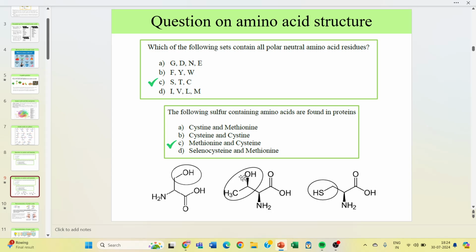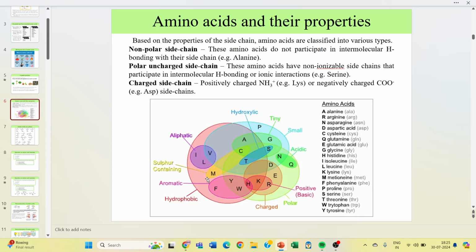So all of these have this hydroxyl or sulfhydryl group, sorry, thiol group, this is SH group and this is OH group, and because of this it is a polar neutral amino acid. They are polar but then they are neutral. Okay, and the answer to the second question would be methionine and cysteine, because both of these contain sulfur.